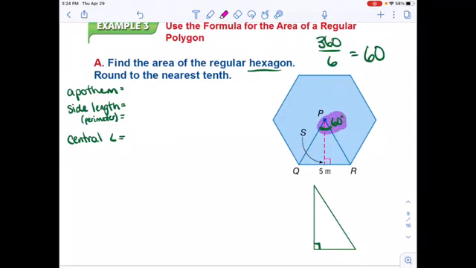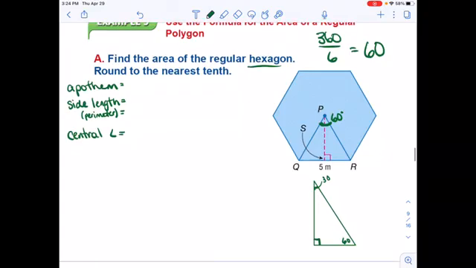Half of this 60, because I'm only looking at this triangle right now, is 30. And that leaves this to be 60 degrees. So our total central angle is 60 degrees, but then we end up using 30 here. I know that this guy is half of 5 meters, so 2.5 meters.